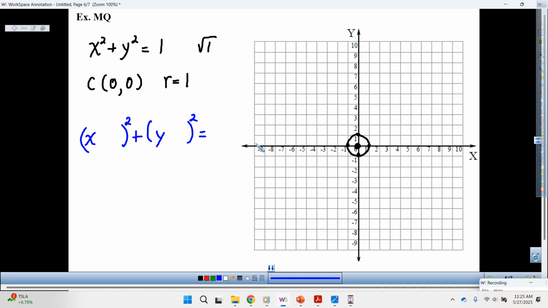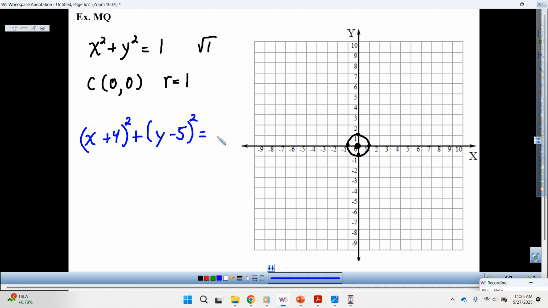And let's go to the other side of the room. Let's go with Annette. 4 to the left, 5 up. What do I write? What is it? Plus 4. Minus 5.